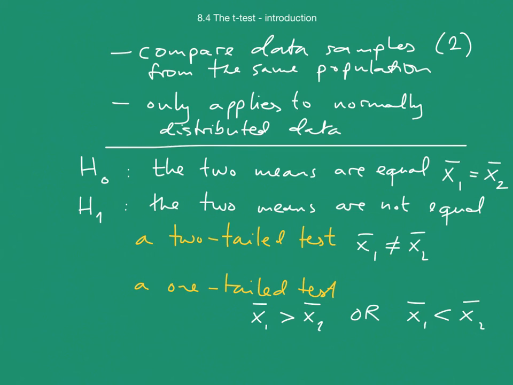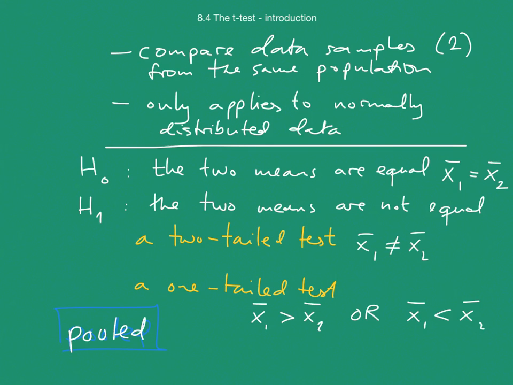Now, when we do this test on the Casio, there's going to be a choice that we need to make. Pooled. What does that mean? You have to choose whether this is going to be a test for a pooled variance or not pooled.